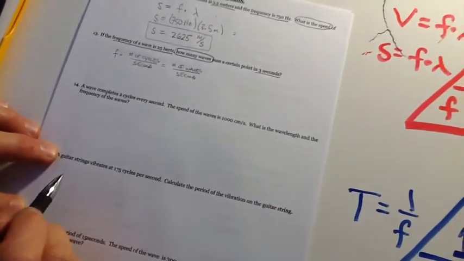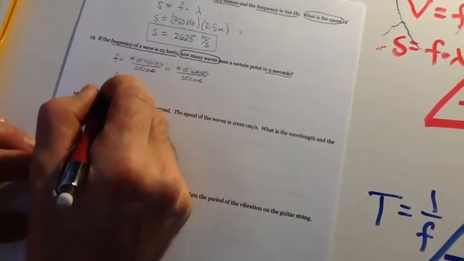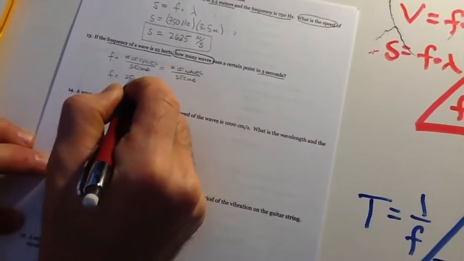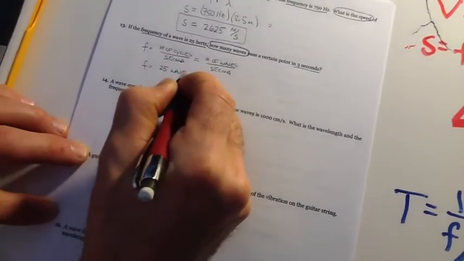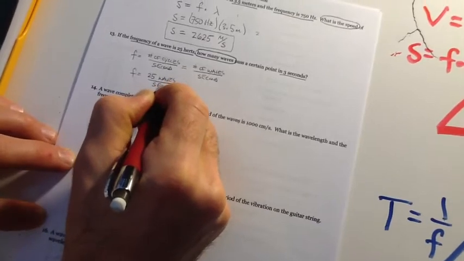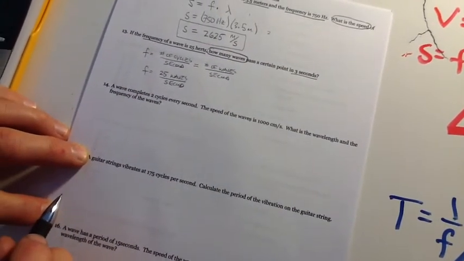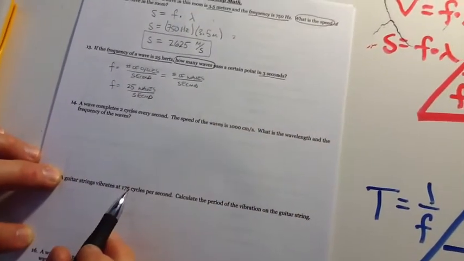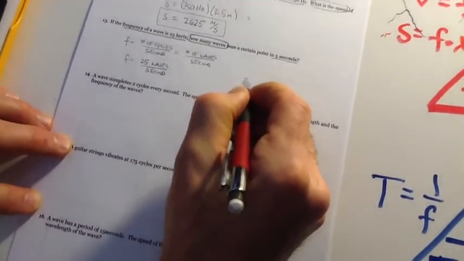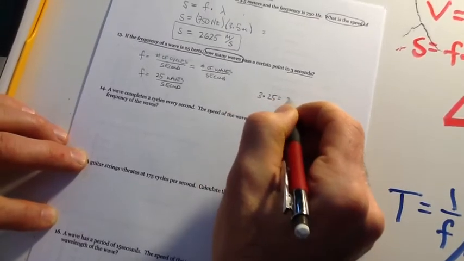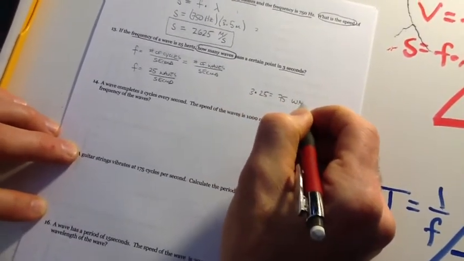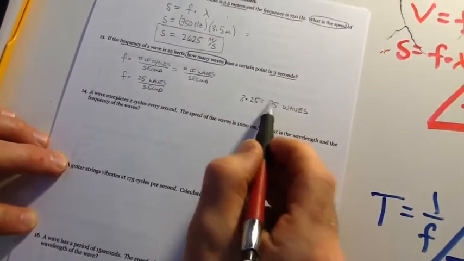So, if the frequency is 25 hertz, that means it's 25 waves every second. So if there's 25 waves that happen every second, how many waves happen in 3 seconds? 3 times 25 is 75 waves occur in 3 seconds.